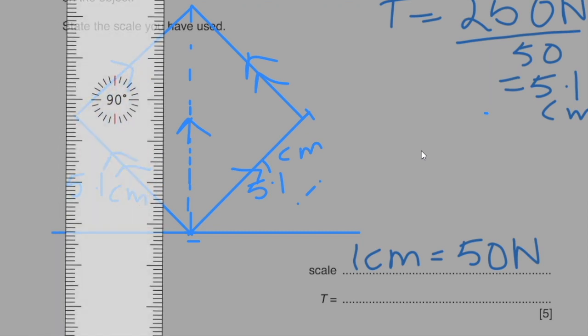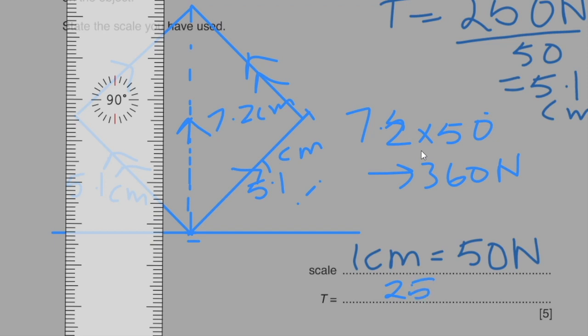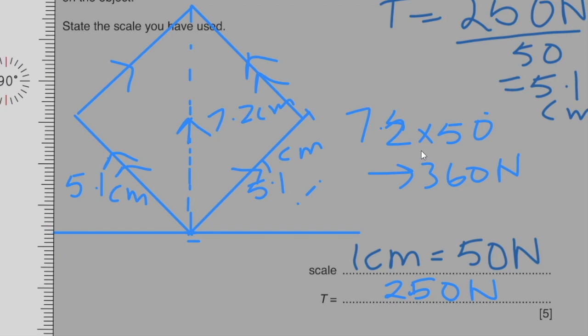My drawing over here should be equal to 7.2 centimeters, so that when I multiply it by 50 and convert it to newtons, this should be equal to 360 newtons. So the T over here, as we got in the calculation, was 250 newtons. And that is how you draw this vector diagram.